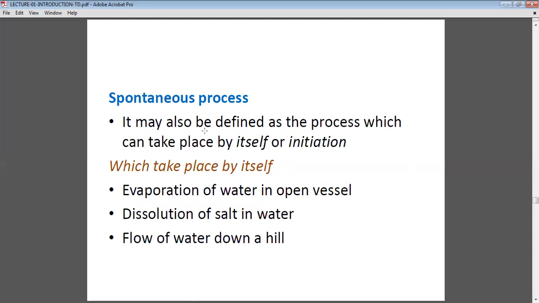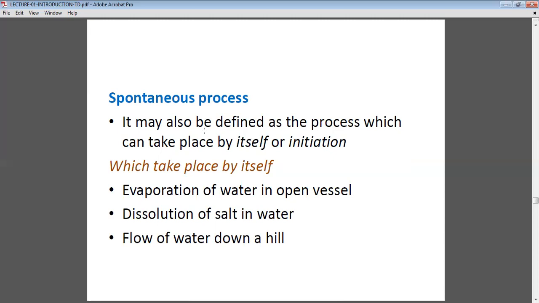And next, coming to the spontaneous process. A spontaneous process may be defined as the process which takes place by itself without initiation. For example, evaporation of water in an open vessel can take place spontaneously without any external aid.